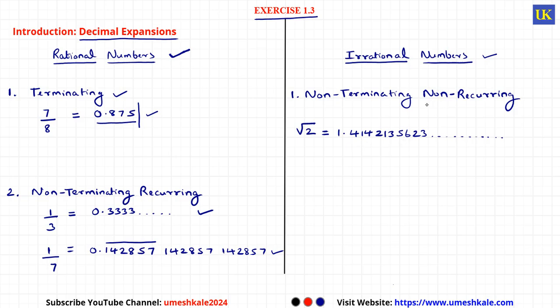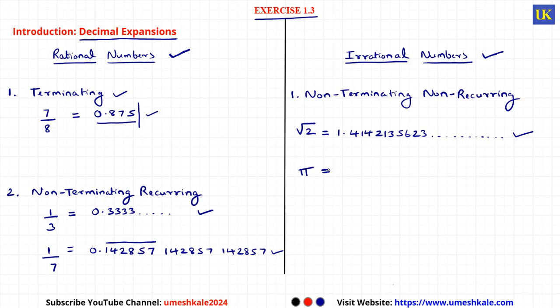So the numbers are also non-recurring. They are not stopping and they are not repeating. Such decimal expansions are called non-terminating, non-recurring decimal expansions, and such numbers are called irrational numbers.